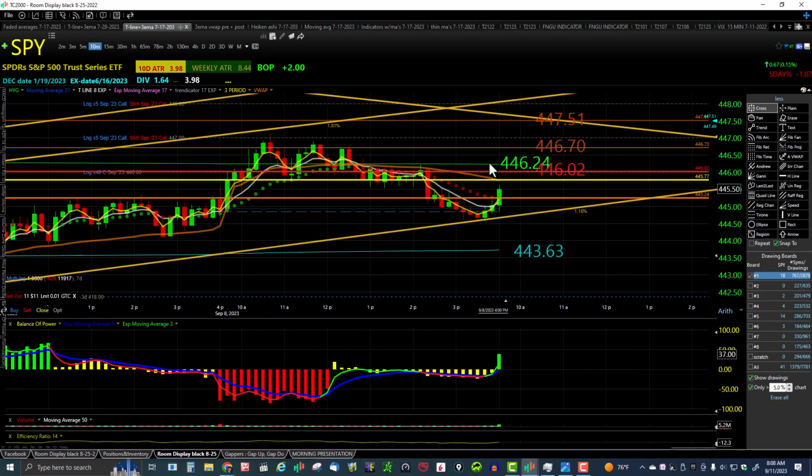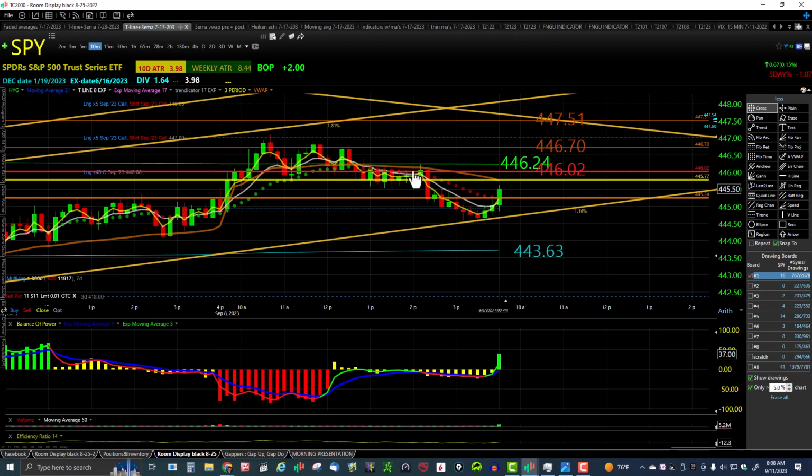So here's the anchored VWAP, which is at 446.24. And you can see in the pre-market, we're trading up into this apex up here. So we'll see if we get through that. Again, if we get through 448 area, we're going to look for highs of 450. We'll see what they want to do.